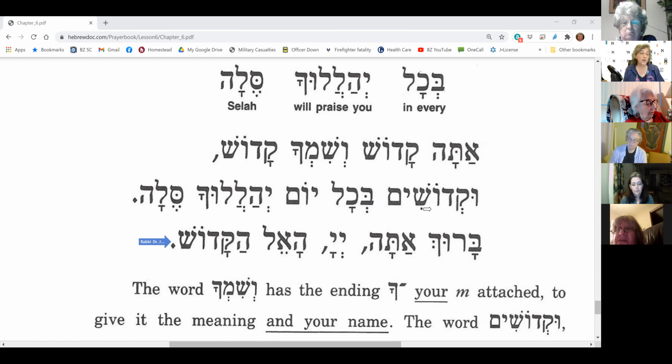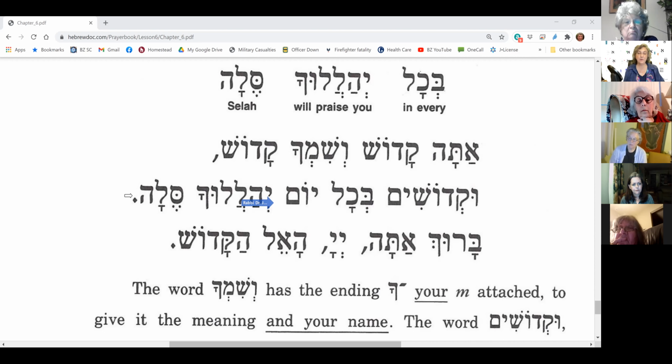And this word, ukedoshim, this word is the adjective form, but it's a plural. So kedoshim is referring to the invisible subject that's over here, the ones who are holy. B'chol yom, every day, yehalelucha, they will praise you. It's the same they that the kedoshim is referring back to.